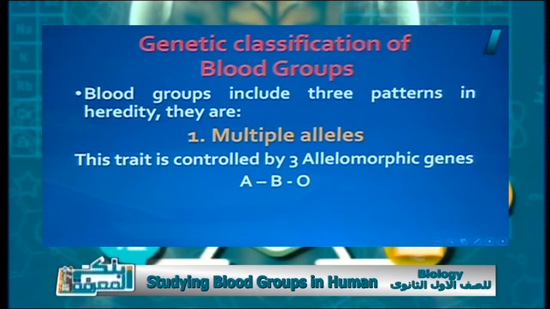This is why we can classify people according to the genes that they have. So 3 types of genes. This is why we call it allelomorphic genes or allelomorphic characters, multiple alleles.